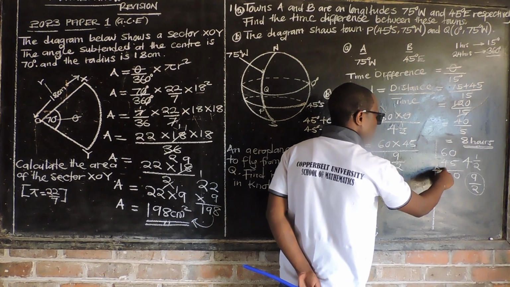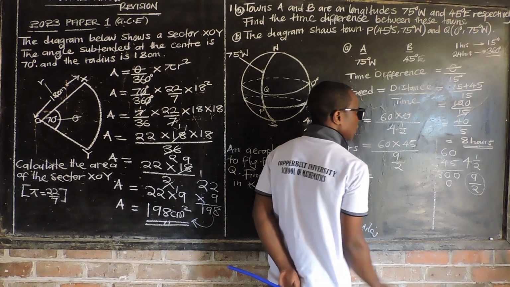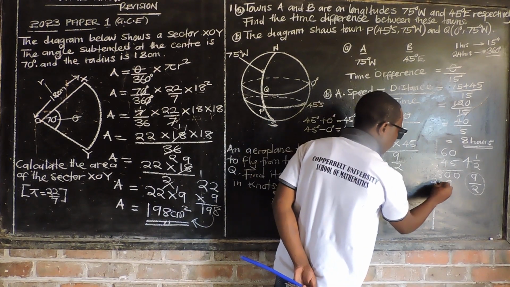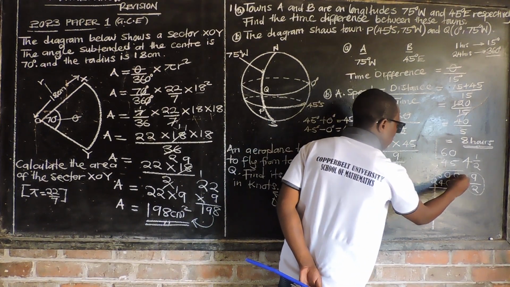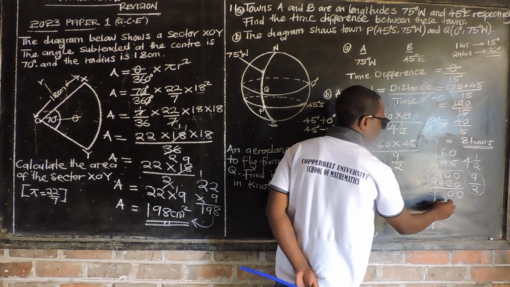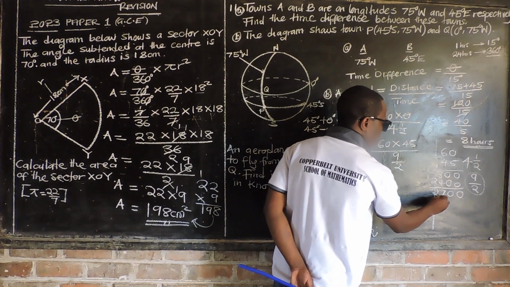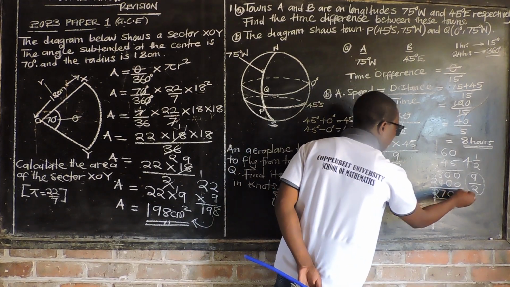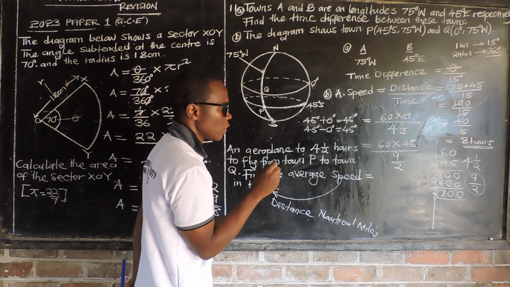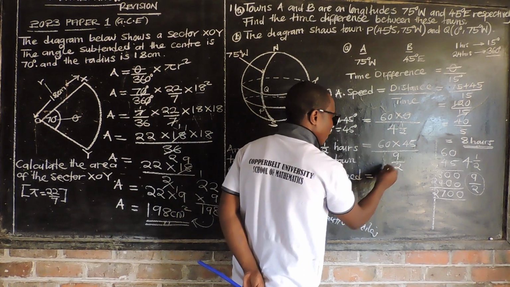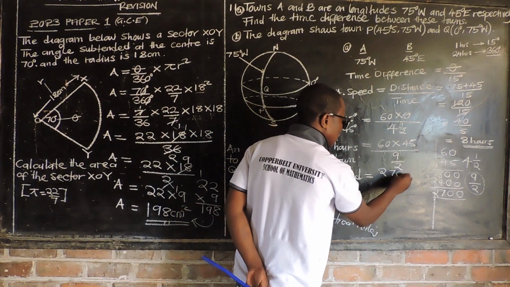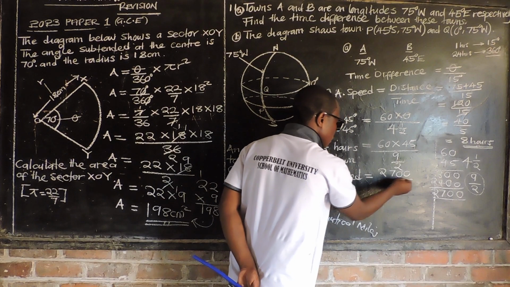Then 4 times 6 we get 24. Then you add this: 0 plus 0, 0. 0 plus 0, 0. Then 4 plus 3 gets 7. 2 plus 0 gets 2. So we have 2,700. So 60 times 45 we are getting 2,700 nautical miles, which is the distance.